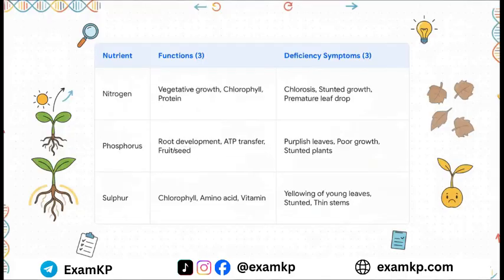And here is what a perfect answer looks like, laid out exactly as NECO asked. A nice, neat table with clear columns for the nutrient, its functions, and its deficiency symptoms. You can see everything for N, P, and S listed out clearly. Presenting your answer like this is clean, it's easy for the examiner to mark, and it shows you can follow instructions, all of which helps you get that A1.